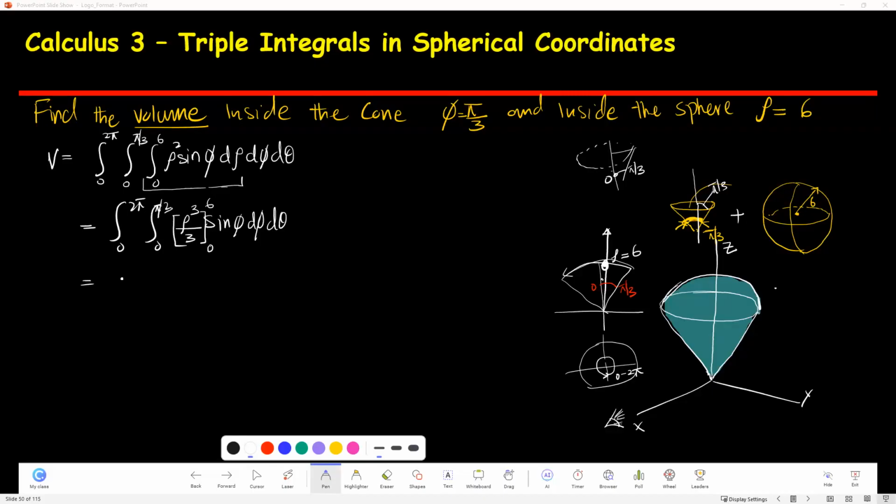Now I'm going to substitute the value to solve this. So rho cubed, 6 times 6 times 6 divided by 3, is going to be 72.